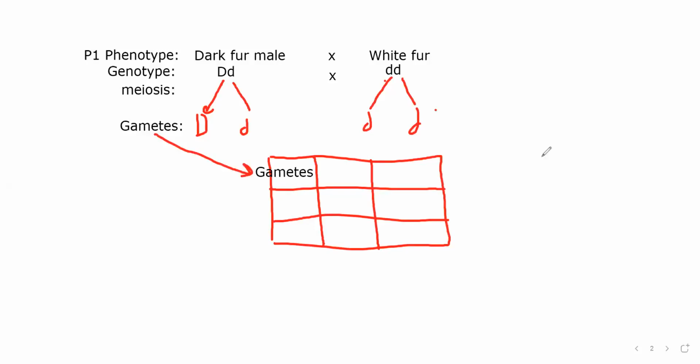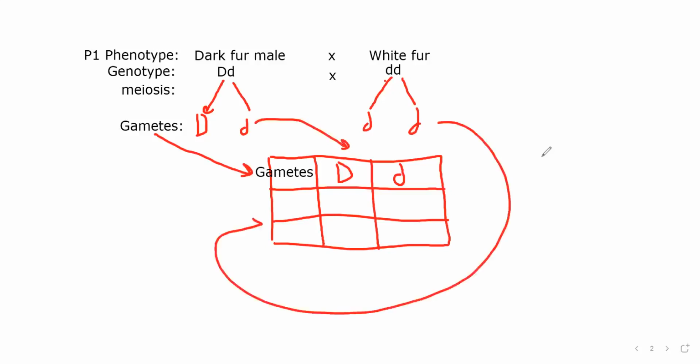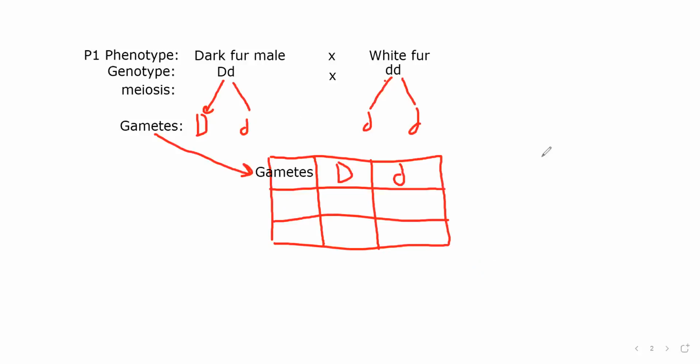Now, next, I'm going to take the gametes as they are and put them inside the Punnett square. So I've taken these ones and I've added them here. I'm going to take these ones and then I'll put them here. Small d and small d. Or I can decide to do it otherwise. It doesn't matter. I can decide to take this one and put it here, and this one here.